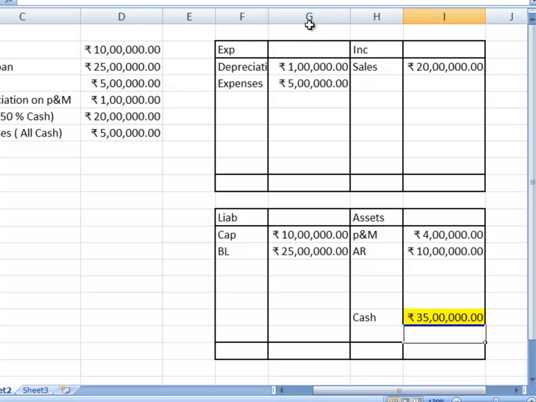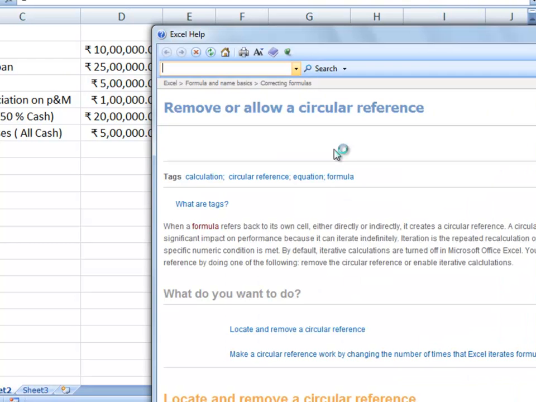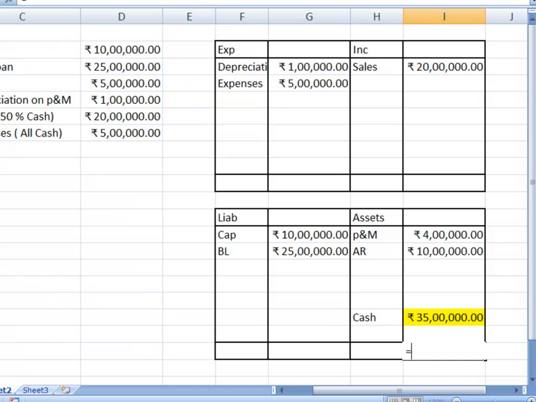So now total cash is 35 lakhs. Take the total. This total is 49, this total is 35 because we have not transferred profits yet.